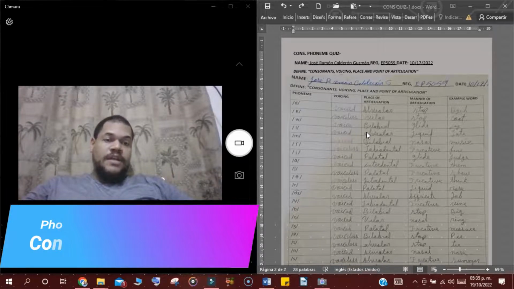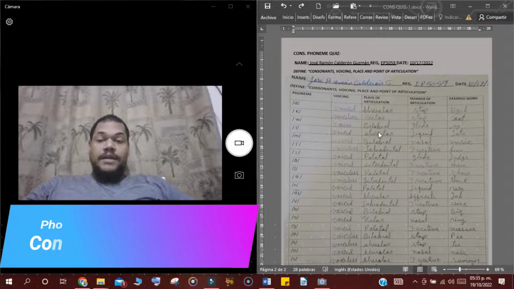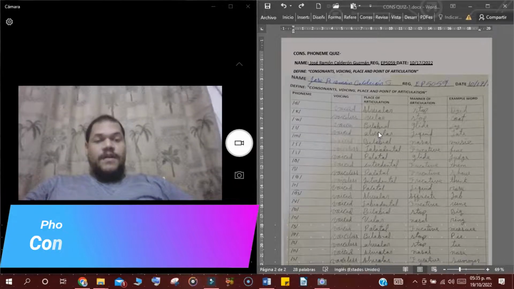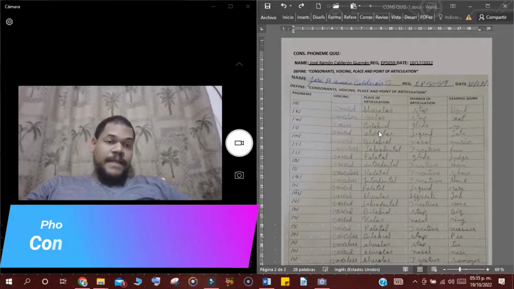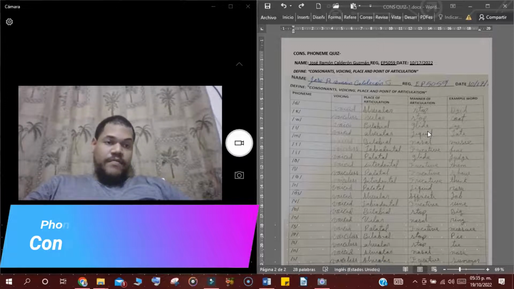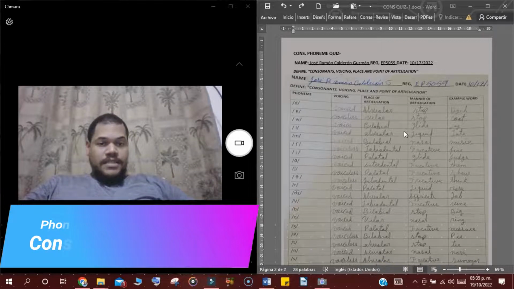This sound is alveolar, as I told you before, because the tongue is placed right behind the upper teeth, and it is a liquid. It means that the airflow goes on one or both sides of the tongue. The word to represent this phoneme is late.